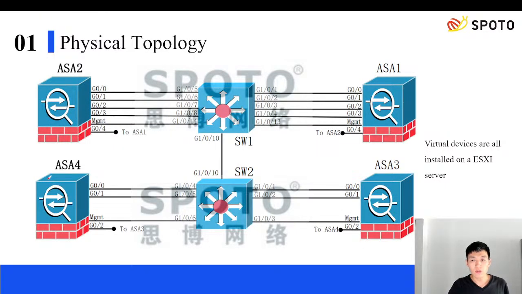This is the physical topology for layer 2 connection, and obviously this is the one for the 5512 rack with this port type. Sorry, it's for the physical ASA.